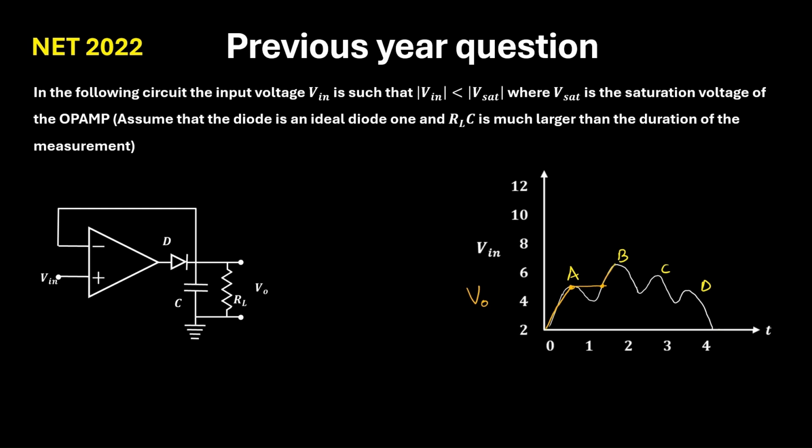So this will again increase till it reaches the peak point B. But after B, we can see all the input signals are lesser than the peak value. So we'll get a constant output. So the orange curve is the output of this circuit.